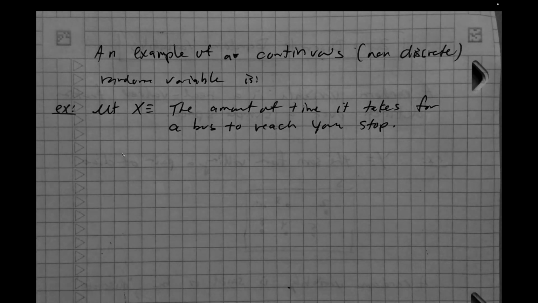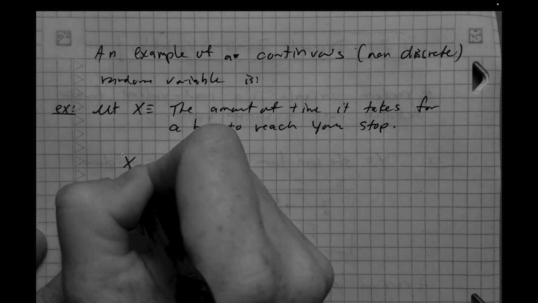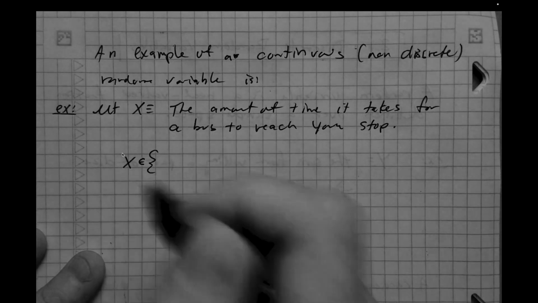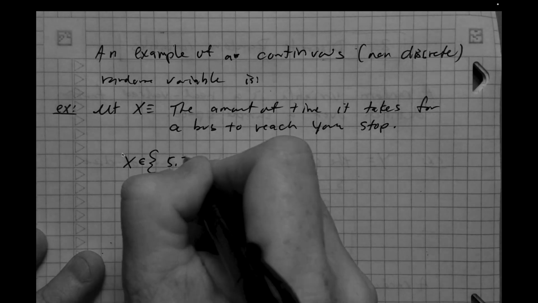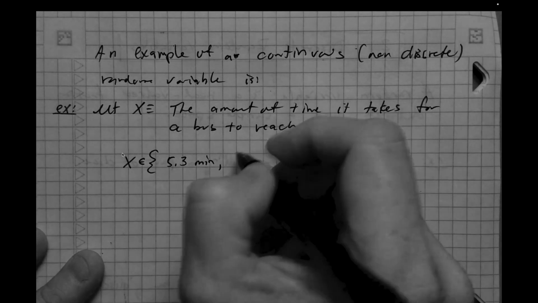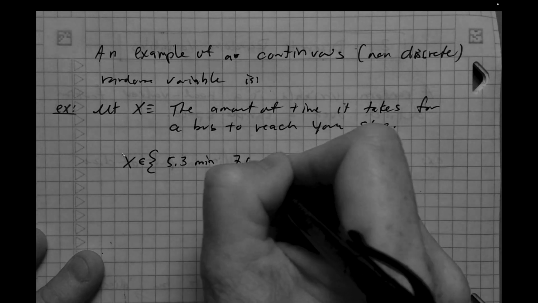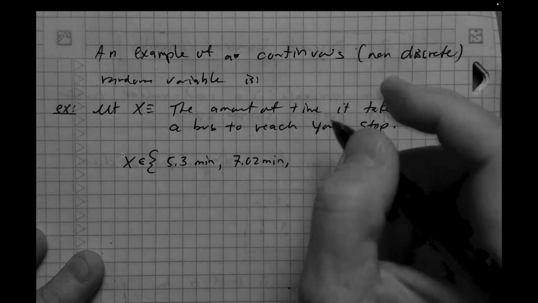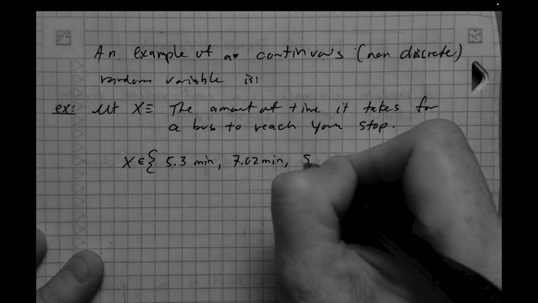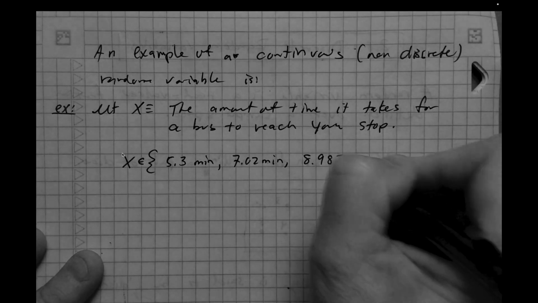Now, depending on how sophisticated your time mechanism is, the values of x are going to be things like 5.3 minutes, 7.02 minutes, 8.9876 minutes, right?